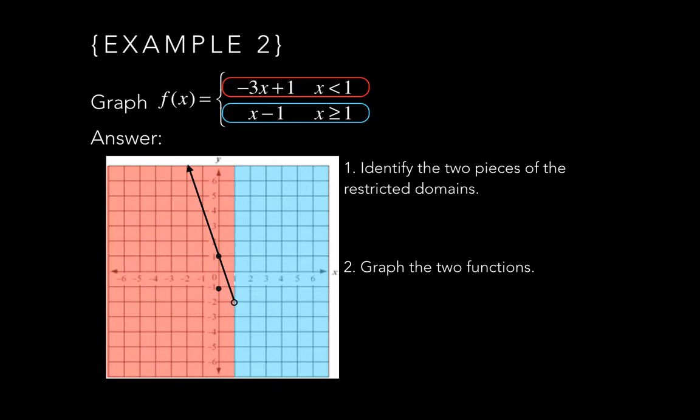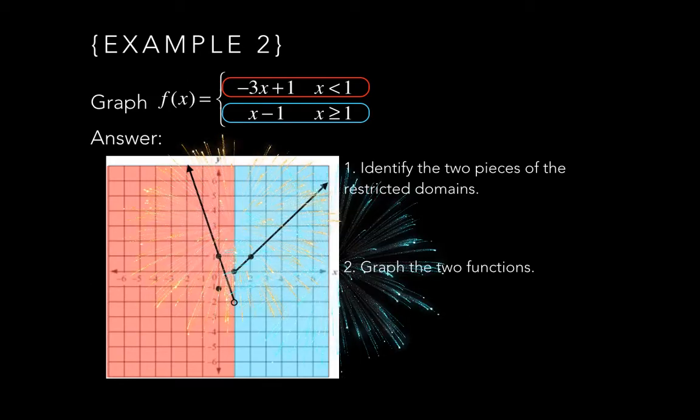So we begin there, and then we're going to move with a slope of positive 1 over 1. And there would be my next point if I move up 1 over 1. My blue function, I am allowed to let x values be 1. And that is where I have plotted that second point. I can go ahead and plot yet another point to help me create a nice straight line. And there is my line.